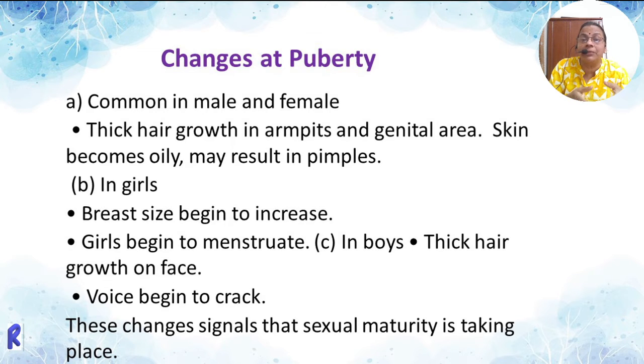In boys mainly we can see thick hair growth in the armpits, genital area, and chest region. Then their voice will change, a cracking sound will appear, then gradually it will smoothen. The skin, especially the face, will become more oily, so pimples will appear. Then the penis and testes will enlarge in size.